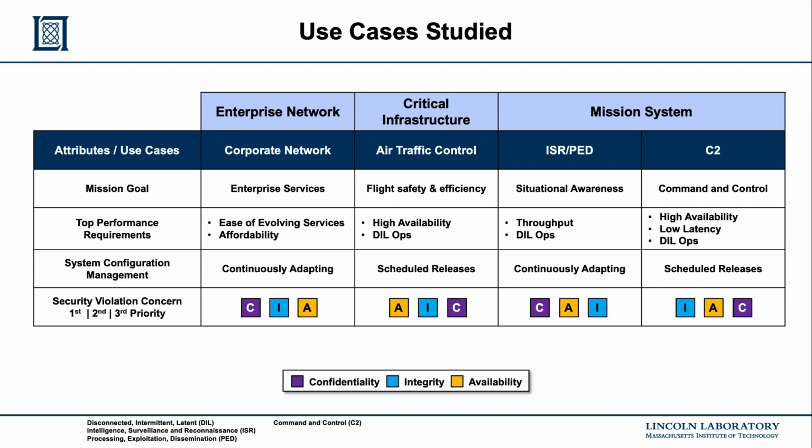And still others may favor the integrity of the information on that network, like shown on the right in the mission system. So we used this approach as we went through and applied what we learned from the implementations to these various use cases. Regrettably, the details of this are a subject of another presentation.